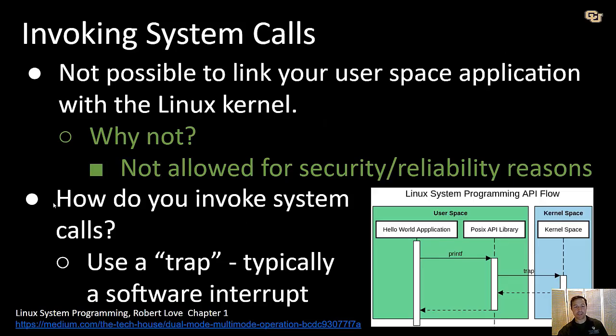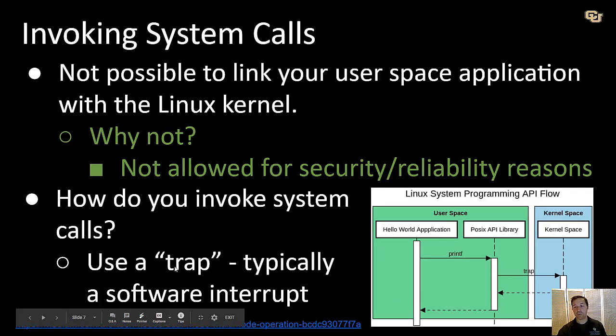One of the things that the book mentions is that it's not possible to link your user space application directly with the Linux kernel, and that's a design decision in terms of how the Linux operating system was designed. For security and reliability reasons, it's better not to have a direct link between your user space application and the kernel.